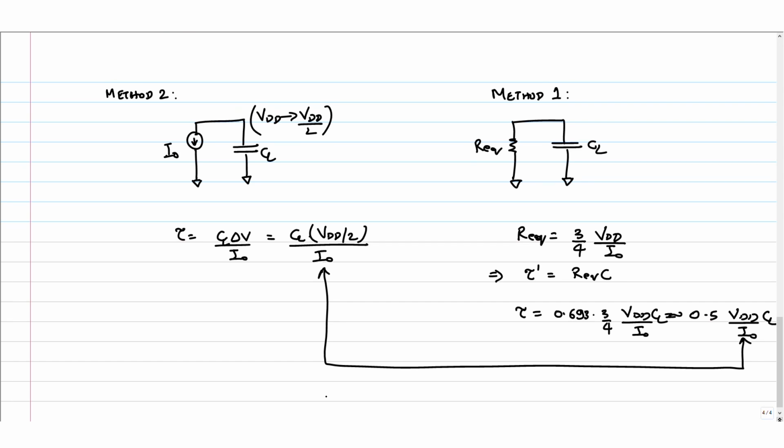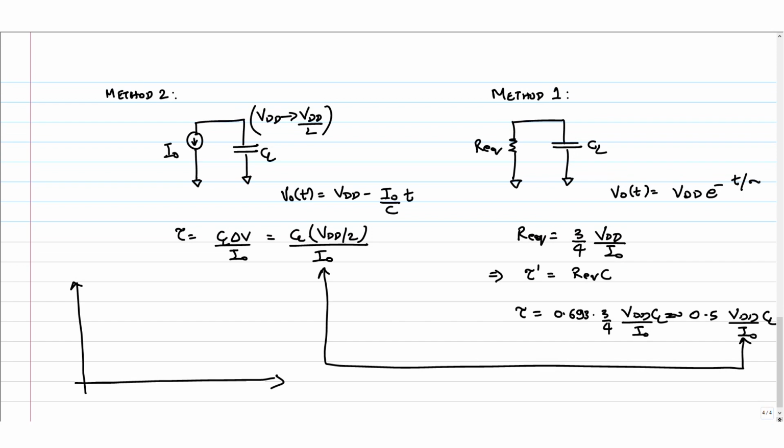Now obviously if lambda is 0, then the constant current source model is the right model because the transistor is a current source. Okay, so if you look at the model that we are using for delay, V naught of t will start from VDD and then go linearly, right. What is this? C dV by dt equals I, so I naught by C into t. Whereas for this one, V naught of t is VDD e power minus t by tau prime.